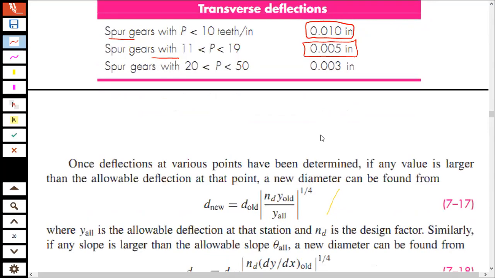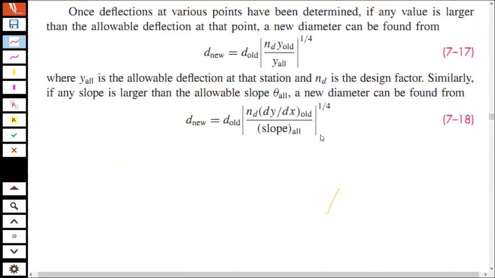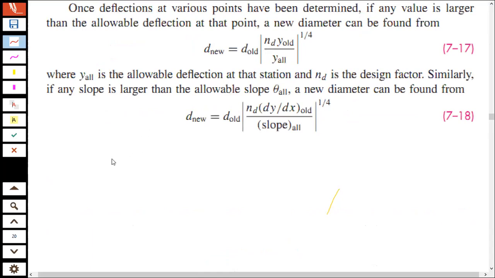For example, you designed a shaft. Okay? And from the shaft design, you got some value. Let's say that you have some diameter that you came up with, right?